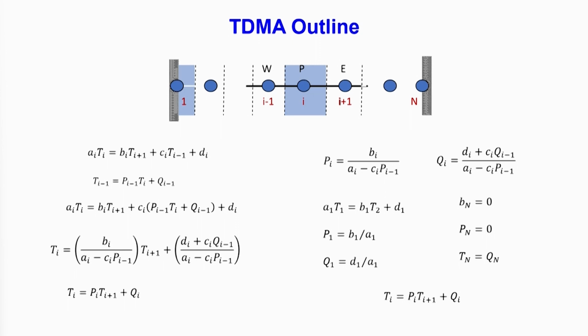And then if you simplify you will get Ti into something equal to something into Ti plus 1 plus something, and if you compare that with Ti equal to Pi into Ti plus 1 plus Qi, then you will get Pi and Qi in terms of Ai, Bi, Ci, Di, just comparing, right. So that means you now already have a formula where if you have Ai, Bi, Ci, Di, you can calculate Pi and Qi.